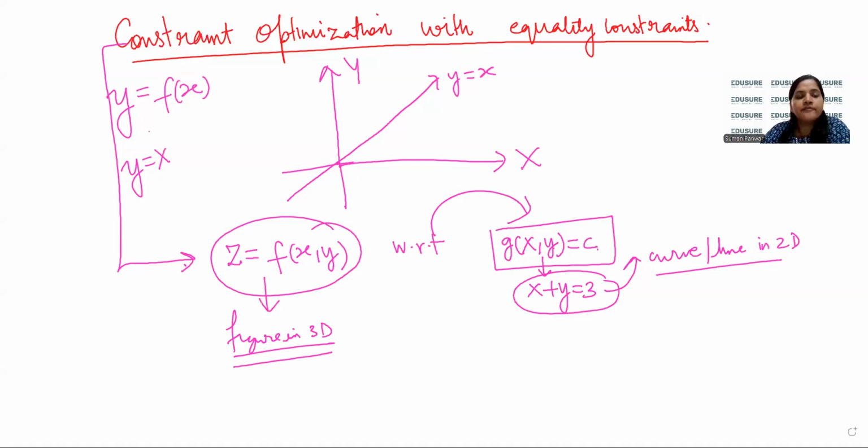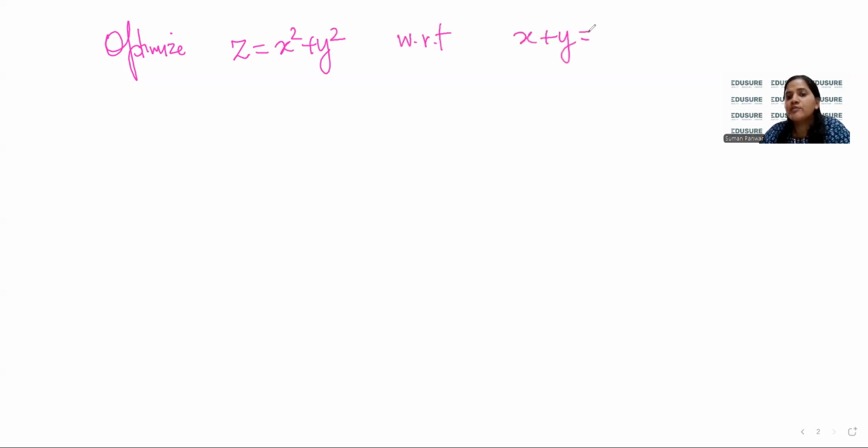For example, suppose we have this thing. Optimize z equals x square plus y square with respect to x plus y equals 1. Suppose we have this kind of a situation.